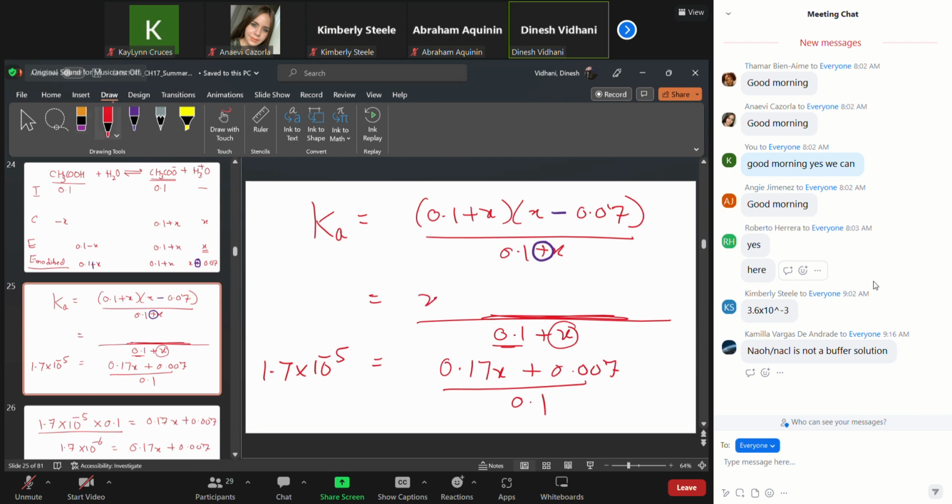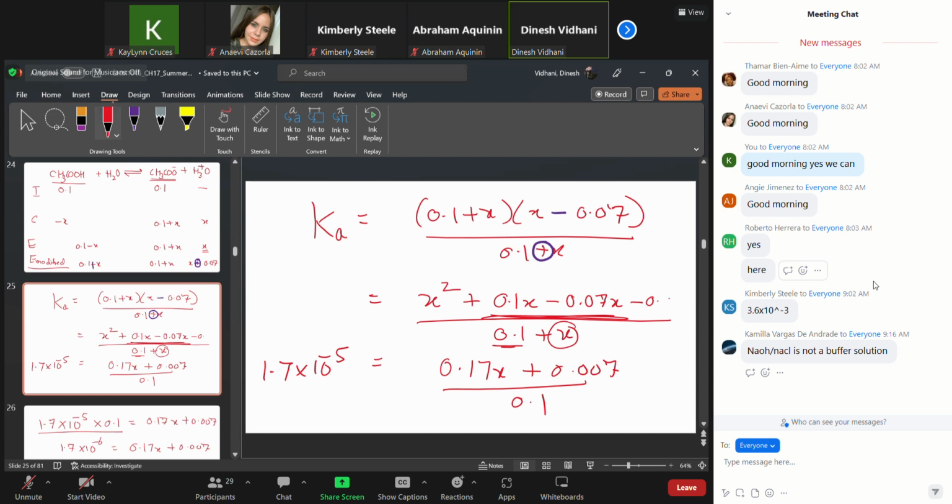X squared stays the same. Then what happens? You have 0.1 X stays the same. Negative 0.07 X. Negative 0.007, I'm sorry.